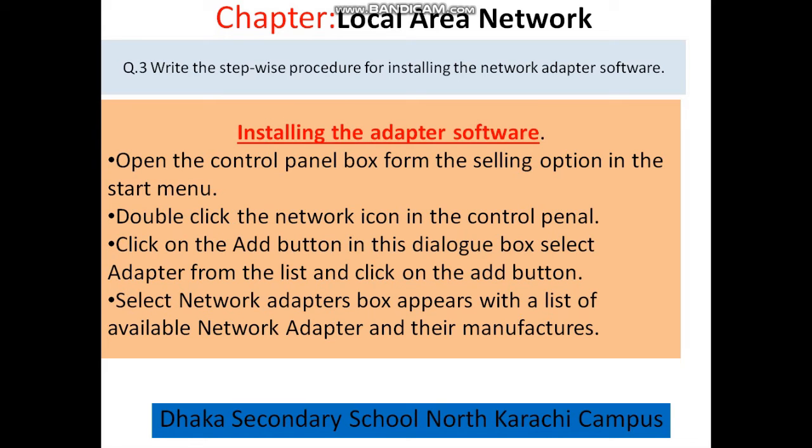Click on the add button. In this dialog box, select adapter from the list and click on the add button. The select network adapter box appears with the list of available network adapters and their manufacturers. This is the procedure of installing the adapter software.